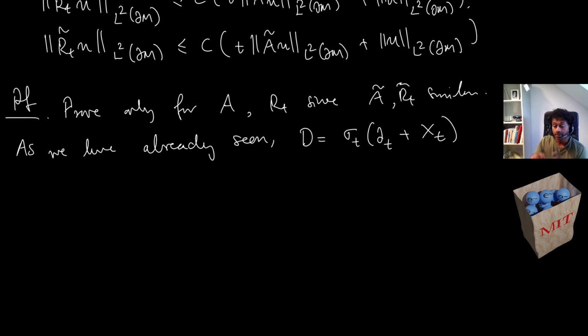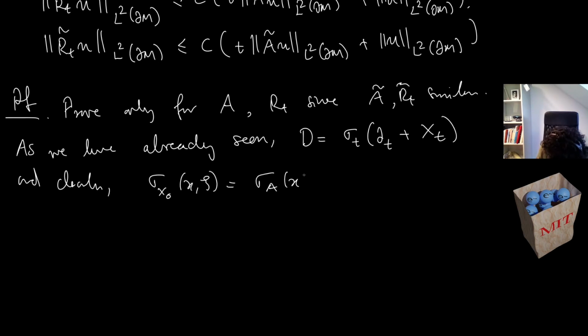This was the instructive calculation that we wrote down before. So certainly we have an expression of this form. And also, clearly, the principal symbol of X_0 is precisely equal to the principal symbol of A. Okay?